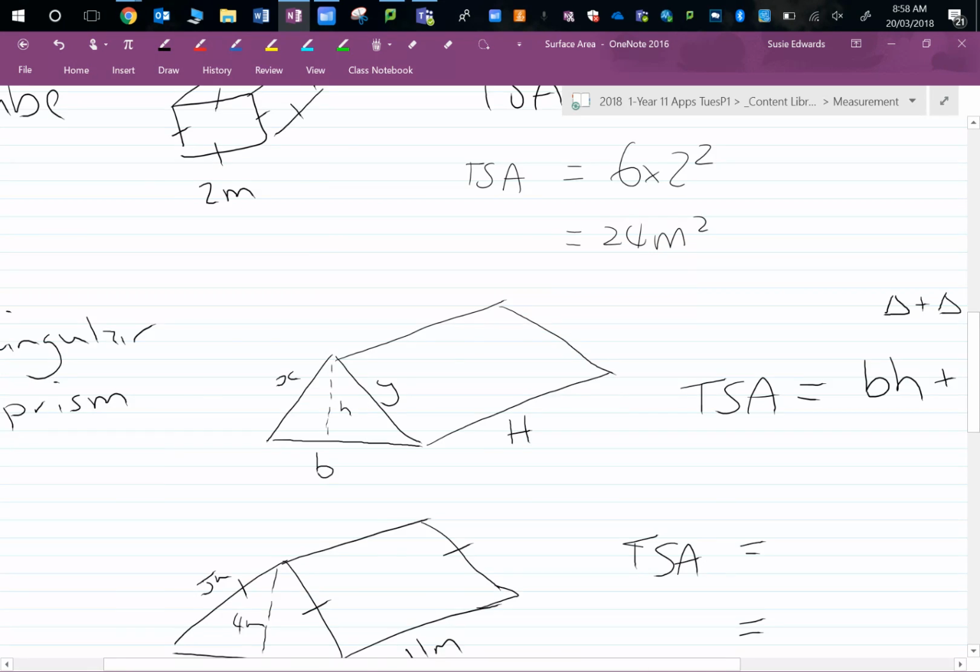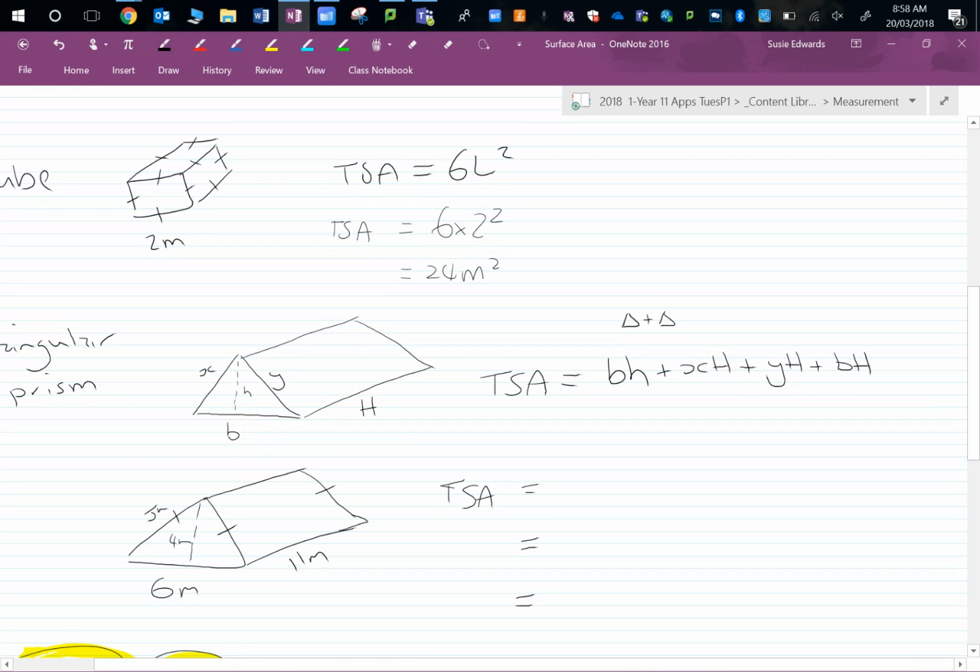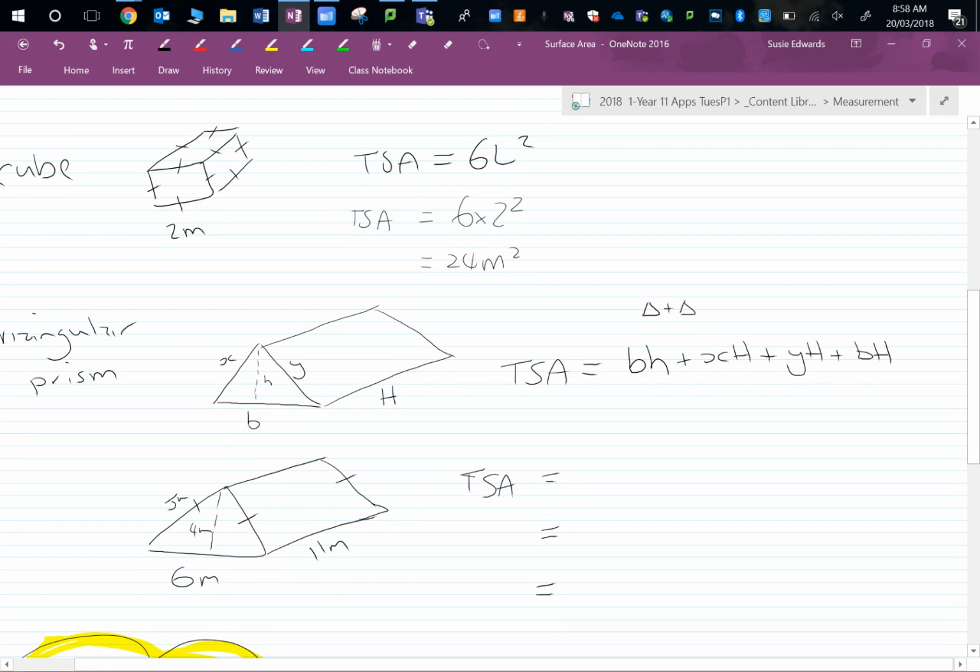Okay, so in essence, our formula would be, now why have I just gone BH here? Yeah, but to find a triangle, it's half base times height. Because we've got 2 triangles, 2 lots of half equal a whole, okay?